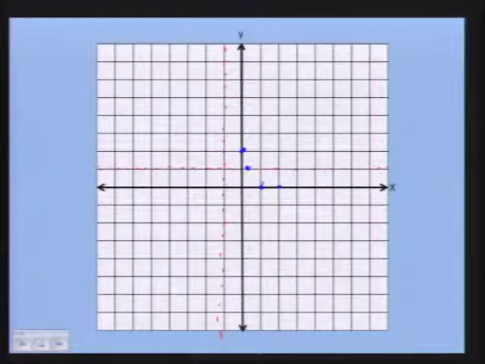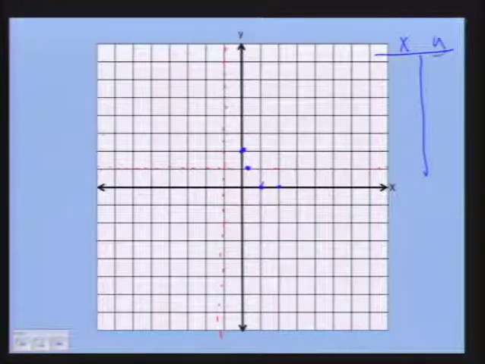Okay, what are we going to do here? Well, I know I've got probably enough points most of the way here on the right side. It's the left side I need to work on. So let's plug in -1, then -2, -3. We know we don't cross -1, so we won't list it.